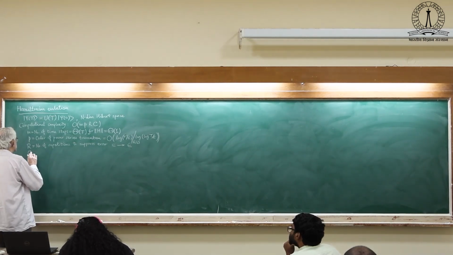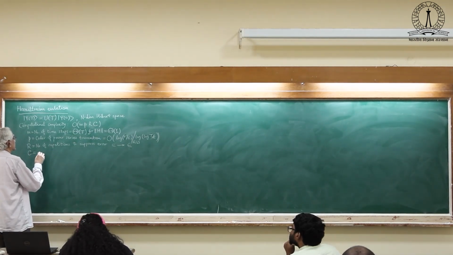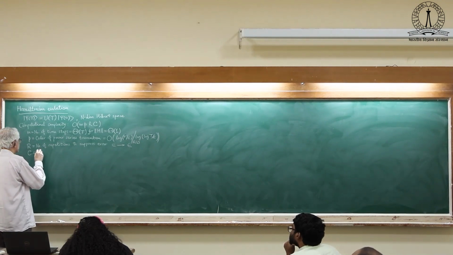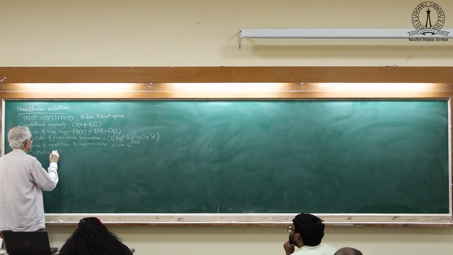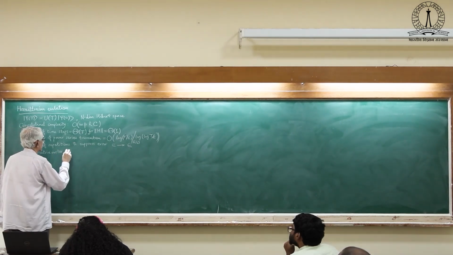And C is a matrix vector multiplication product.